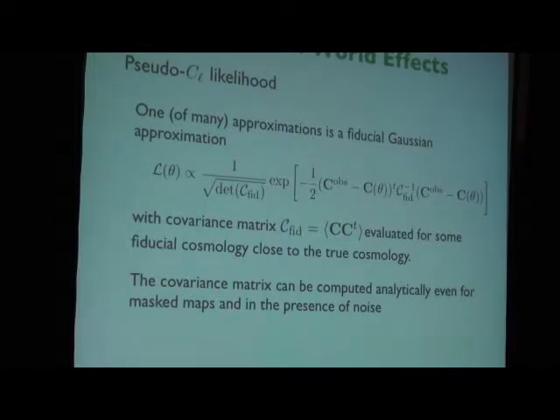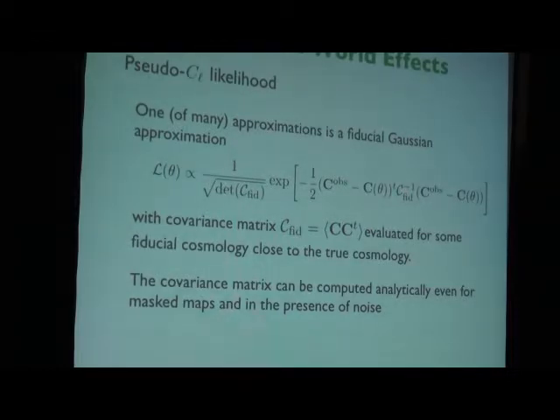One that is used by Planck, and so that's why it's the one I'm mentioning here, is a likelihood in which you just approximate, even though it's non-Gaussian, the likelihood for the CLs by a Gaussian likelihood. And you also don't include the dependence on cosmological parameters when you're computing the covariance matrix, but you're just computing it for a fixed set of cosmological parameters. And ideally, this set of parameters should be close to the parameters that you're interested in.